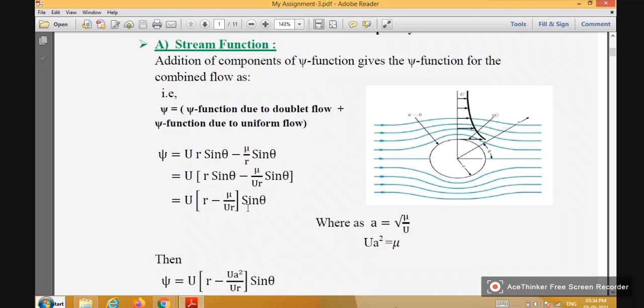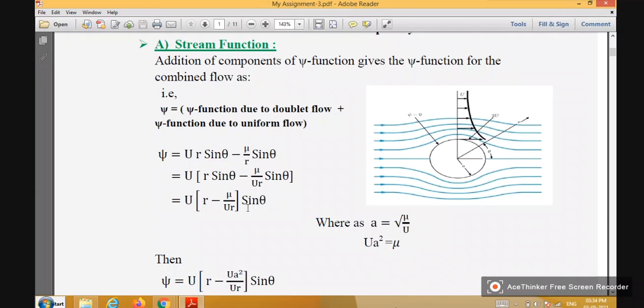No, we don't already know. We are now assuming. How can you know a is equal to root mu by u? We are denoting it for simplification purpose. We are introducing a equal to root mu by u.